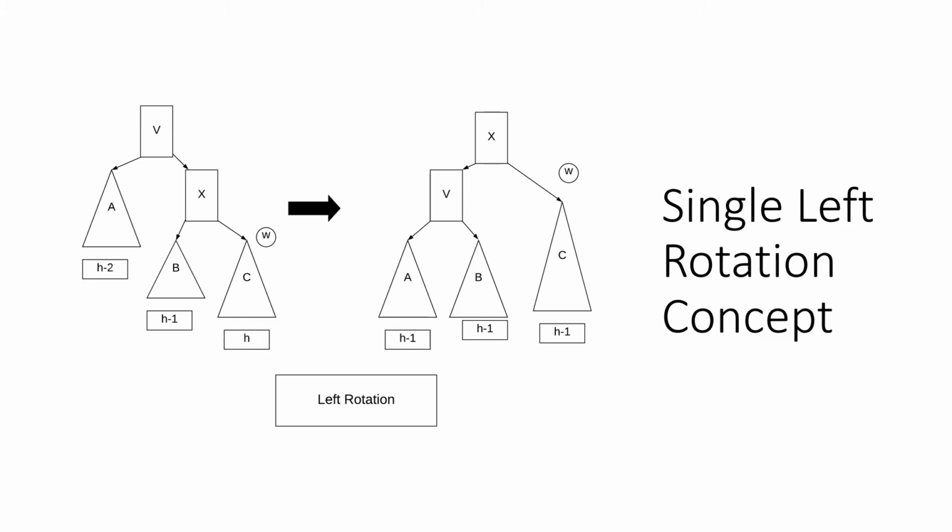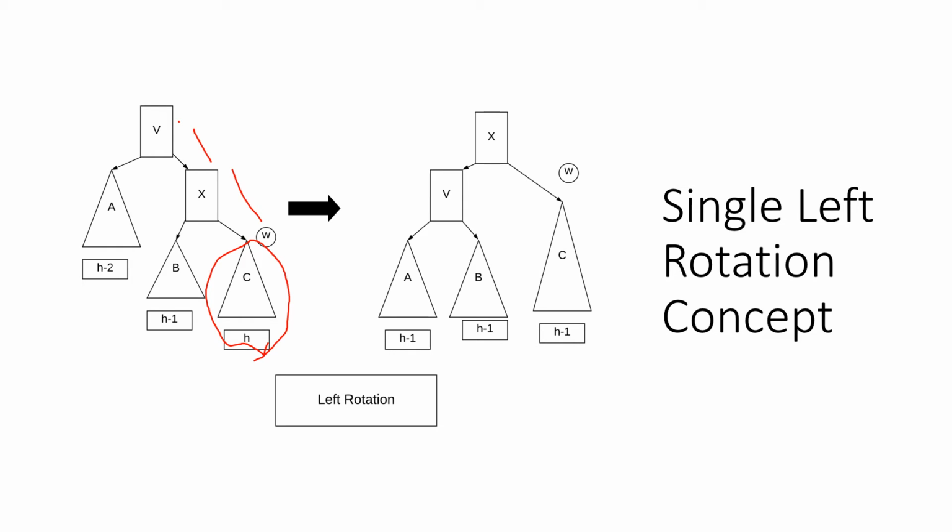Okay, so let's talk about single left rotation. Same thing here. So when does this happen? When there's an insertion in the right subtree of a right subtree. So this is the right subtree of a right subtree X. So here we use a left operation.